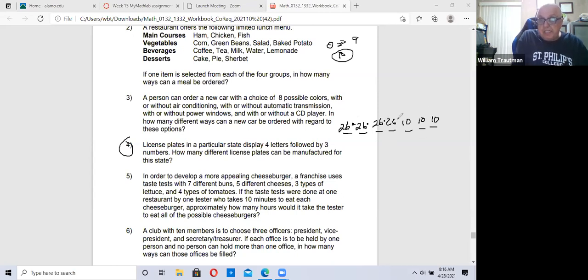Multiply all these together, and you have your answer on how many license plates can be formed. 26 times 26 times 26 times 26 times 10 times 10 times 10. And this is what I get for number 4: 4,569,760,000. So that's what I get when I multiply that together, if I multiplied it together correctly.